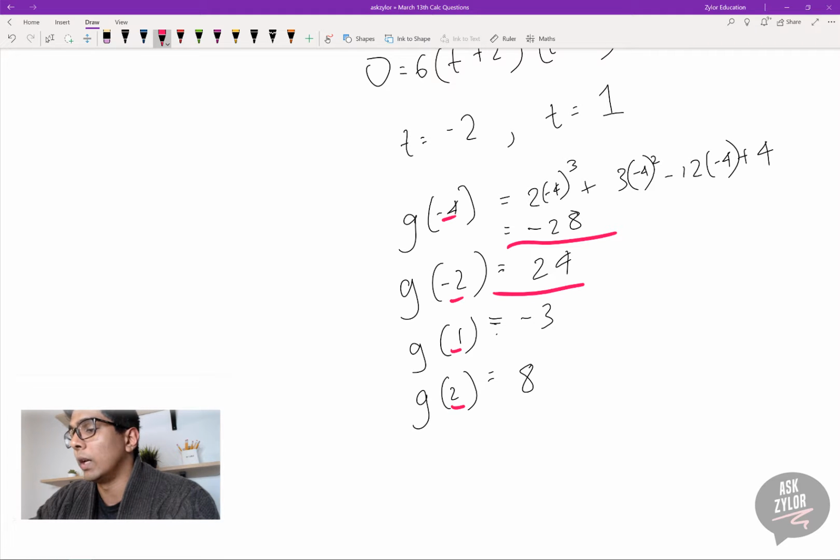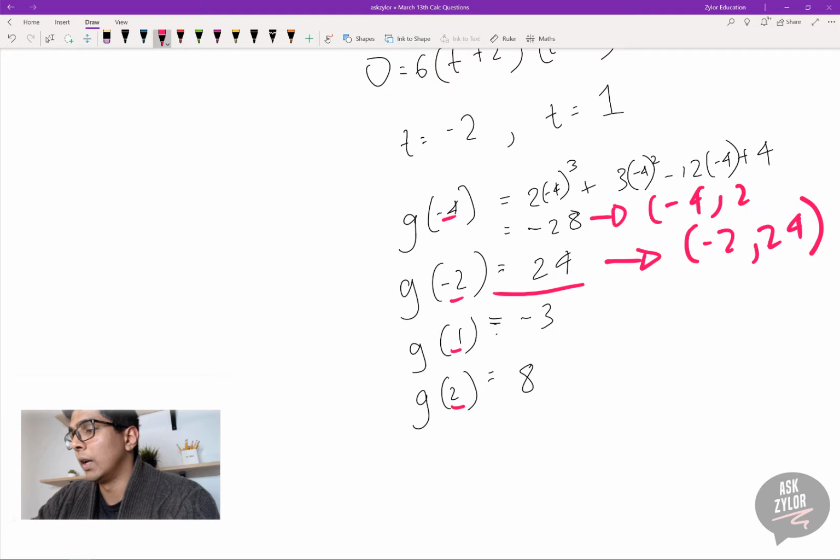So I have -28, 24, -3, and 8. So out of these, which is my highest number? It's going to be 24. So I have -2 and 24 as my maximum. And what's my smallest number? I have -28. So I have -4 and -28 as my minimum.